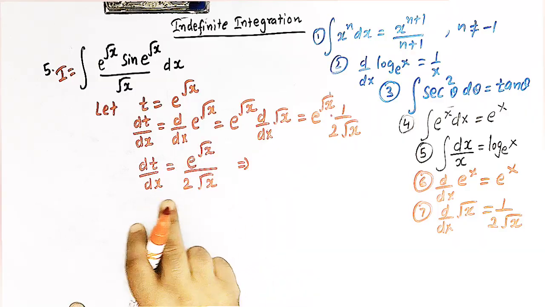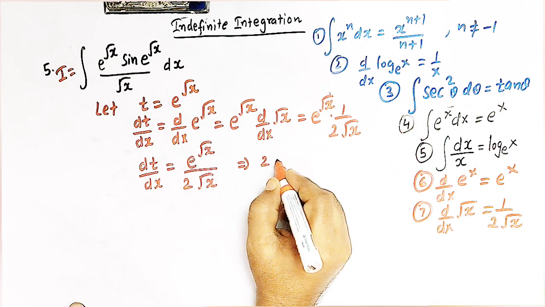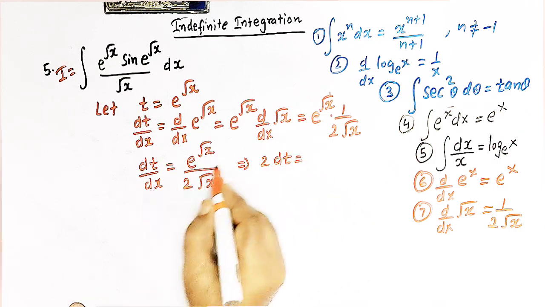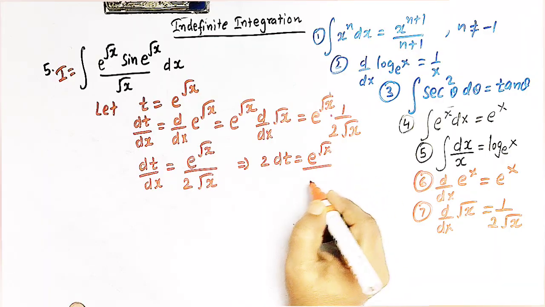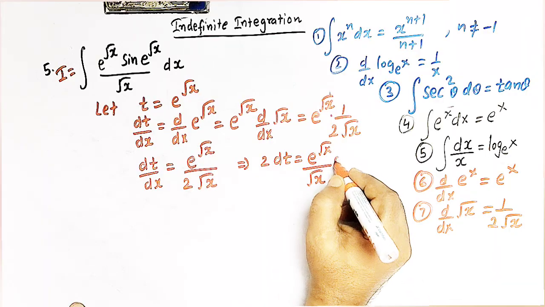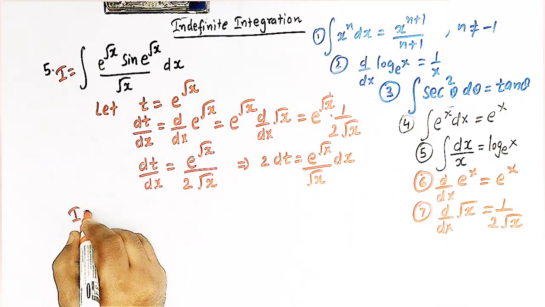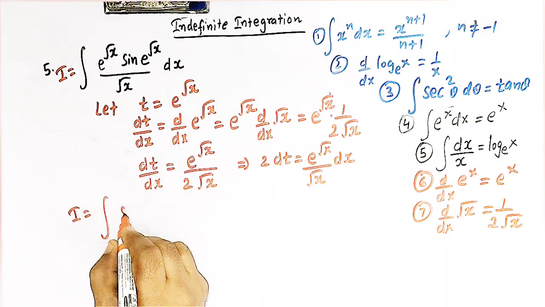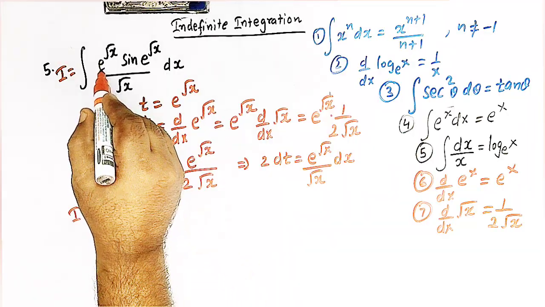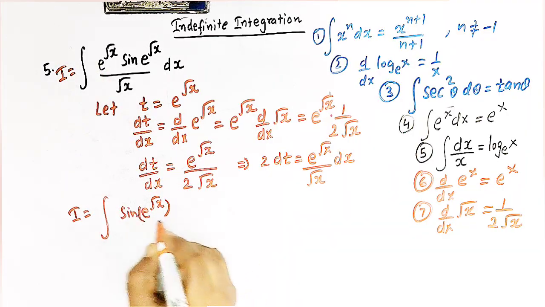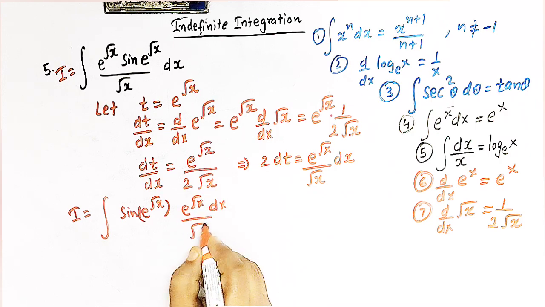So now from this relation, we can take this 2 over here. So we have 2 dt, and we can now take dx to this side. So we have e raised to root x over root x, and here we have dx, right? So now we can write this integral I as integral sine e raised to root x, and we can take here e raised to root x dx over root x.